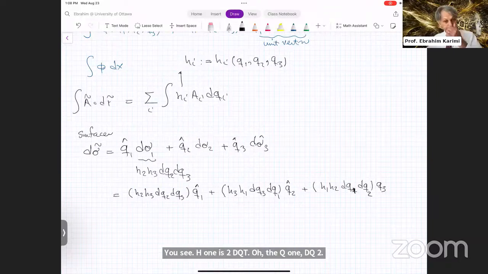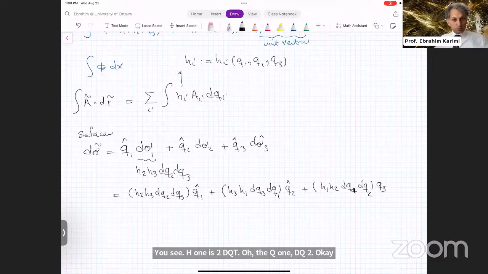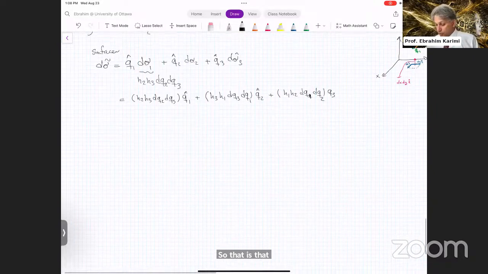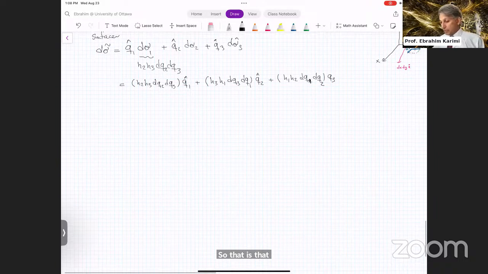Okay. So that is the element on the surface that I needed to introduce for the other vector calculations.